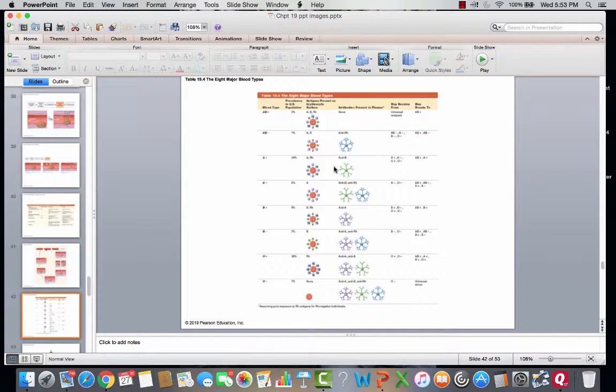When we talk about blood typing, something occurs that's kind of strange, and it only occurs in this case in the human body. And what happens is we make antibodies against antigens of the blood typing that we do not have. Confusing, I know.